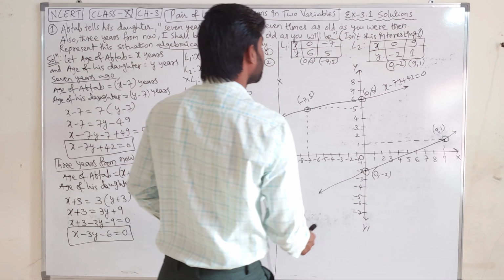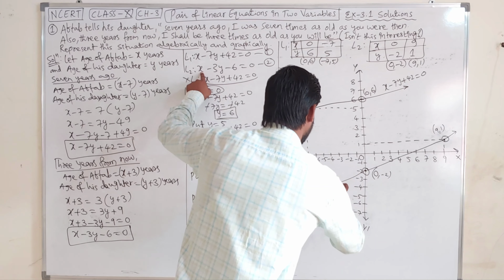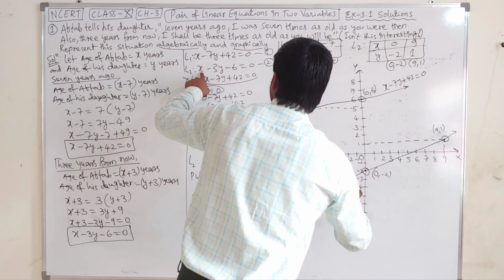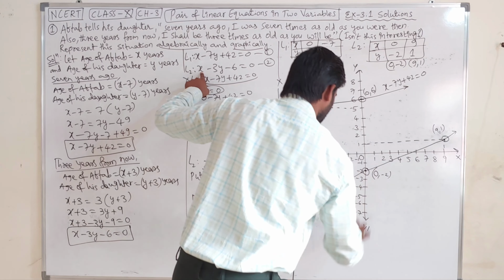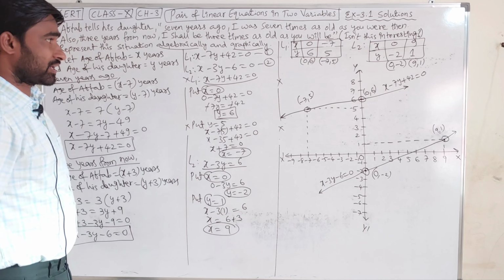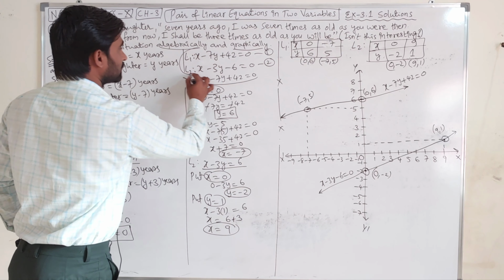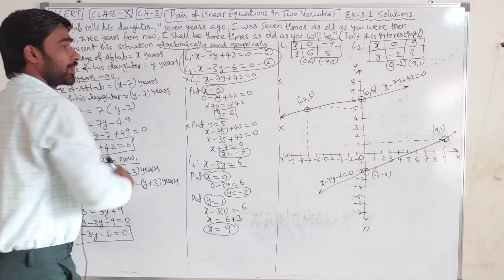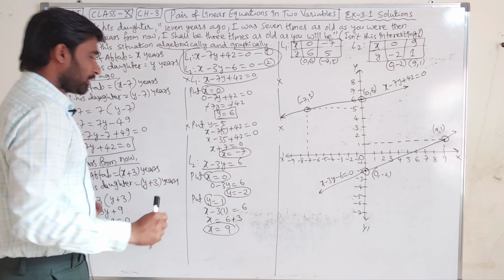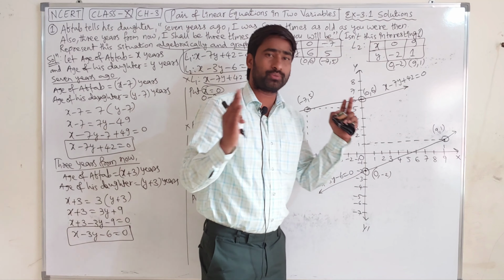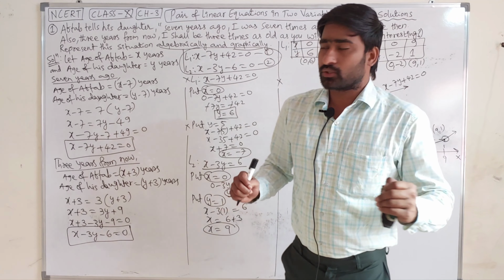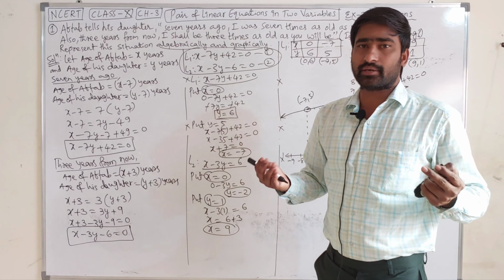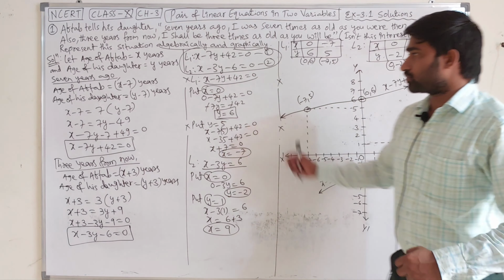So this is the line for x minus 3y minus 6 will be equal to 0. So this is the graphical representation and this is the algebraic representation. So this is the final answer. I hope you all understood very well. Before proceeding to the next question, pause the video to note it down.